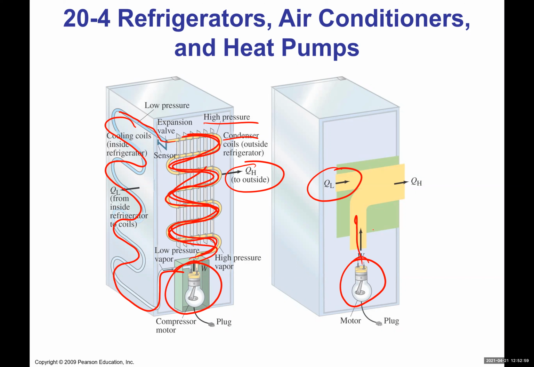This motor does work in order to move the heat from inside the refrigerator to outside of the refrigerator. On its own, it will never go, but we can do a little bit of work in order to achieve that. That means without this compressor motor, you can never keep your refrigerator cool. If the compressor motor breaks, then basically either replace that or replace the refrigerator.